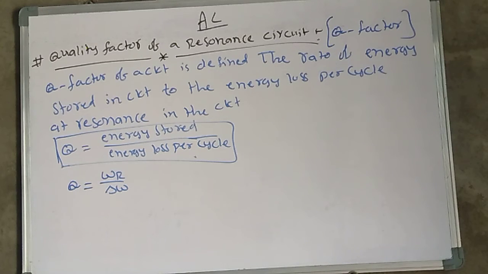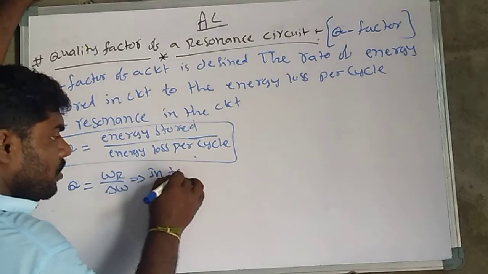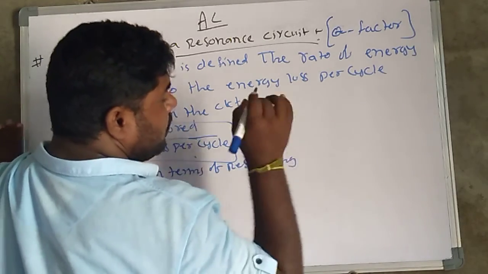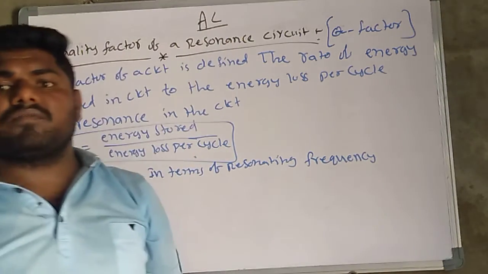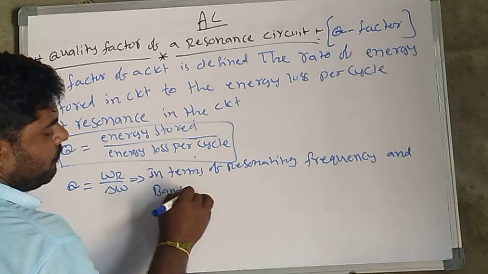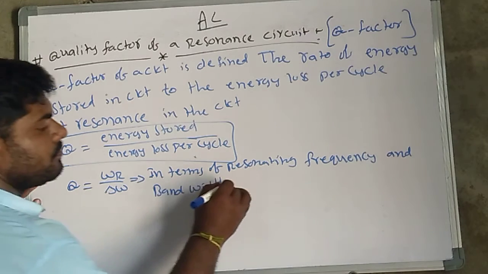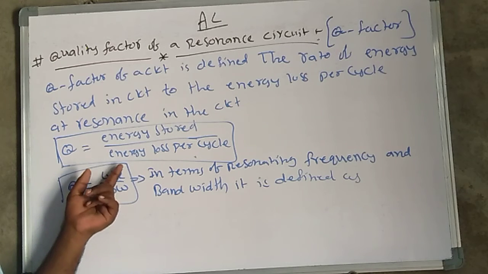So in terms of resonance frequency omega r and bandwidth, Q is equal to omega r divided by bandwidth.